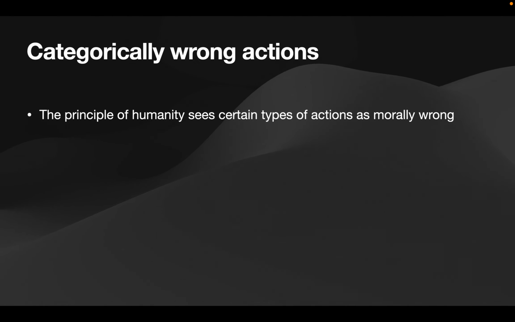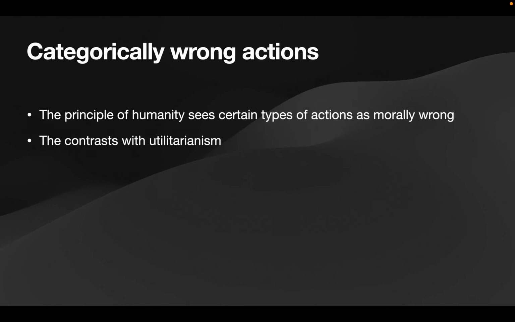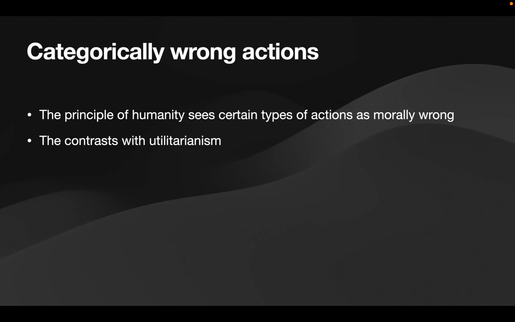So it's really important to contrast the principle of humanity with, for example, the principle of utility that the utilitarian holds up. The principle of humanity sees certain types of actions as morally wrong, whereas the utilitarian is going to take this on a case-by-case basis. So for the utilitarian, sometimes lying could be the morally right thing to do, because it brings about a greater good. And sometimes lying can be the morally wrong thing to do because it decreases net well-being.